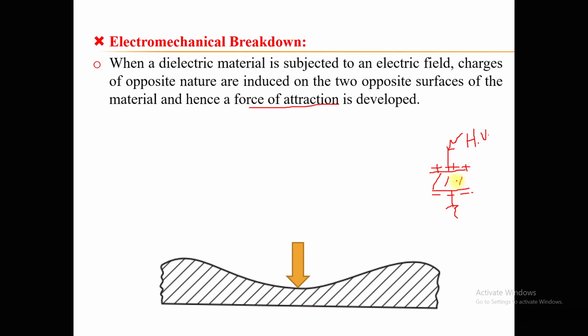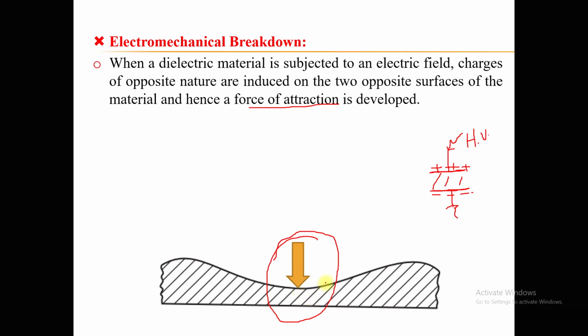According to the law of Coulomb, there is a force of attraction observed between these two metallic conductors. So this force of attraction will try to press the material. Here the dielectric material experiences the electrostatic compressive stress.